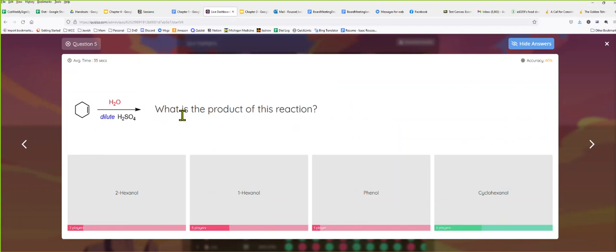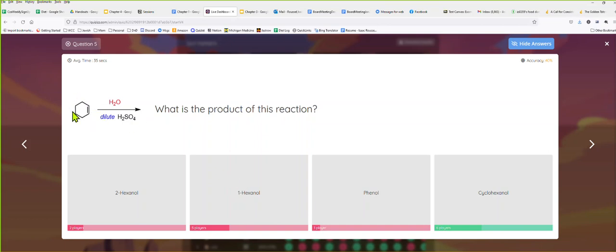What is the product of this reaction? Again, remember we substitute across that double bond. This pi bond here is going to pop, and you're going to put a hydrogen on one side and an OH on the other. So that gives you cyclohexanol. Hexanol, there's no cyclo here.